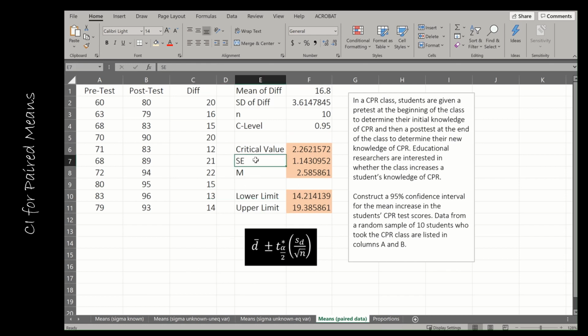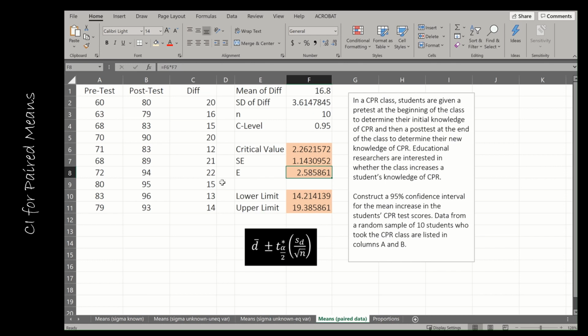The standard error is, again, just using the standard deviation of my sample divided by the square root of n. And then the margin of error, I've used m, I think E is what they use in the textbook, is just the critical value times the standard error.